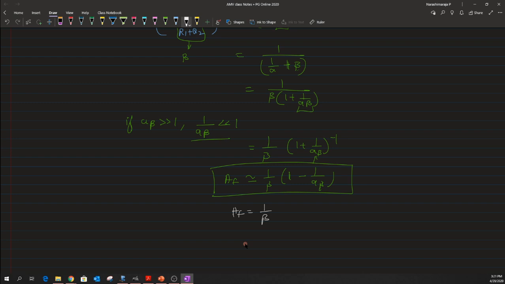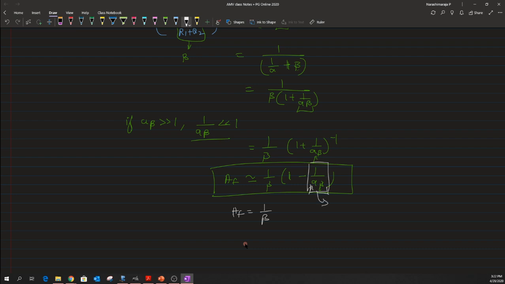But what is happening is that just because there is a finite amount of gain, this quantity does not get to a value of 0, but rather a value which is quite less than 1, and in order to have a gain error of 1%, we want this quantity to be equal to 1%.